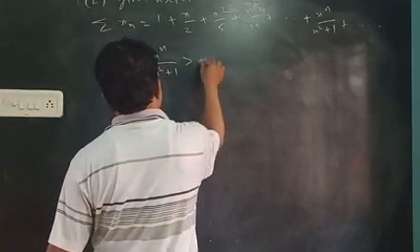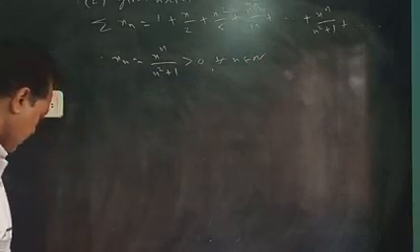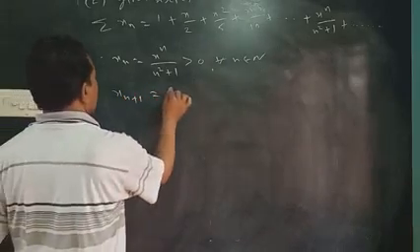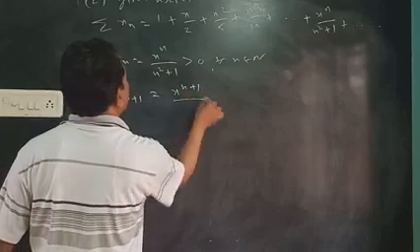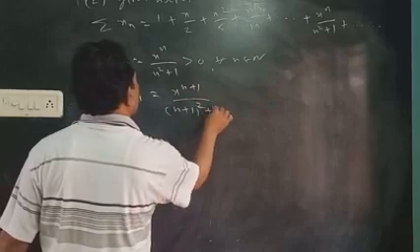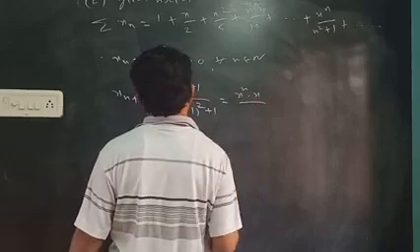The terms are positive, for all natural numbers. I want x_{n+1}, in place of n put n plus 1. This is the same as x raised to power n and x raised to power 1.